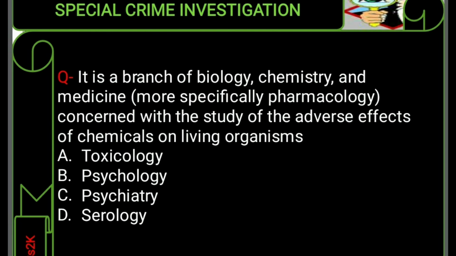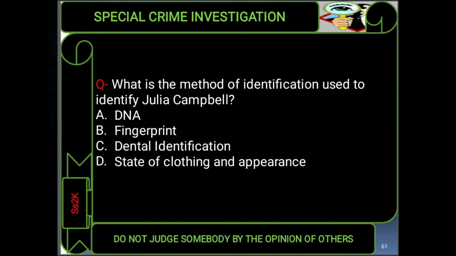part 6, or the 6th video, for special crime. What is the method of identification that was used to identify Julia Campbell? She is the foreigner who died somewhere in Ifugao, no?